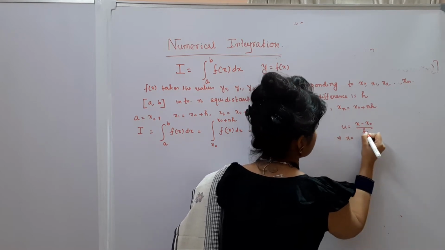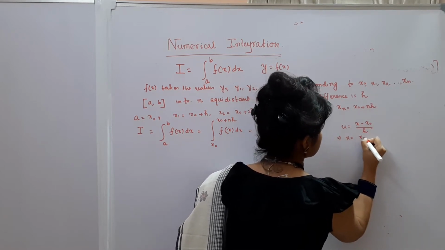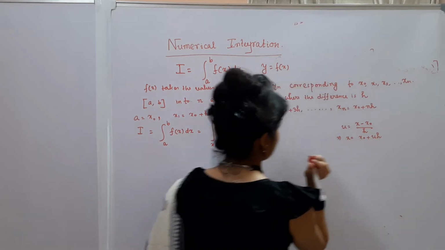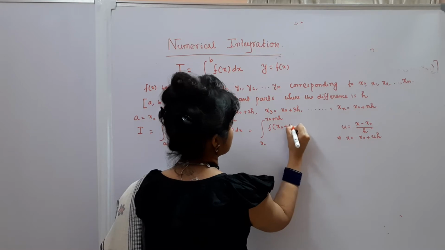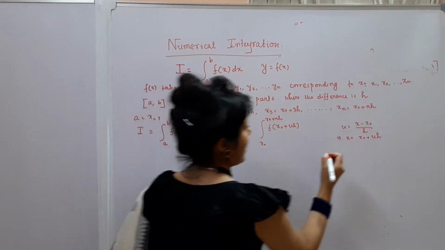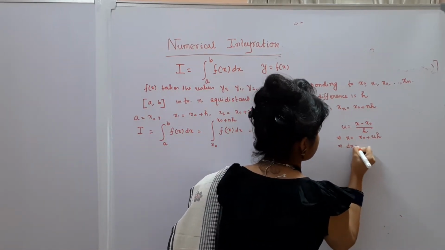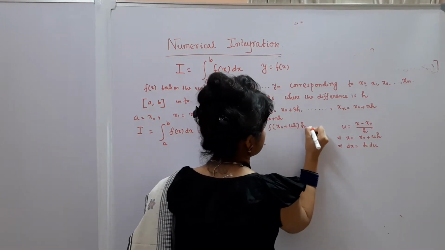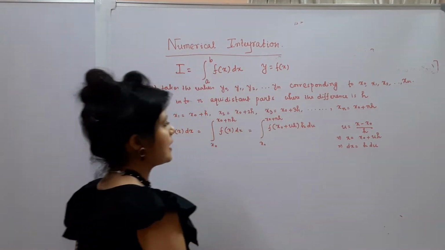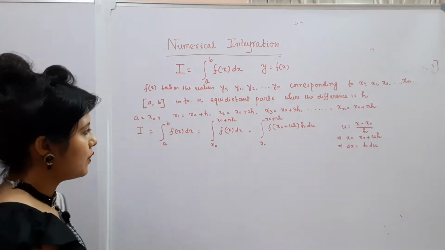So x can be replaced as x0 plus u into h, and this dx can be replaced as h into du, okay.